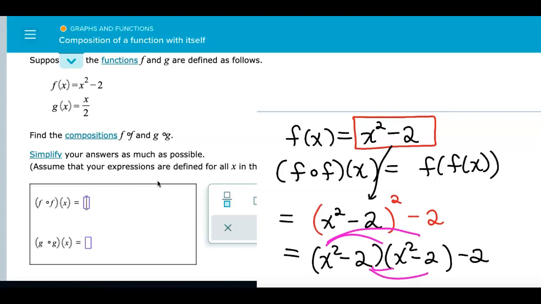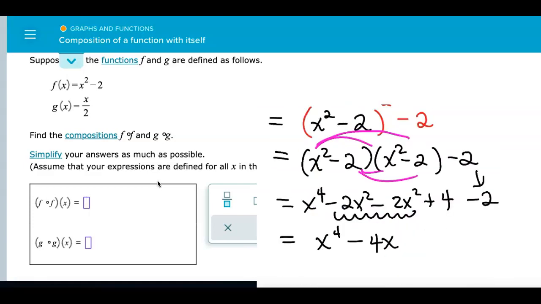So I will get x to the 4th power minus 2x squared minus another 2x squared plus 4, and I bring down my minus 2. Combining like terms, x to the 4th power, and those two give 4x squared, and adding the numbers together, I'll get plus 2. So x to the 4th power minus 4x squared plus 2.